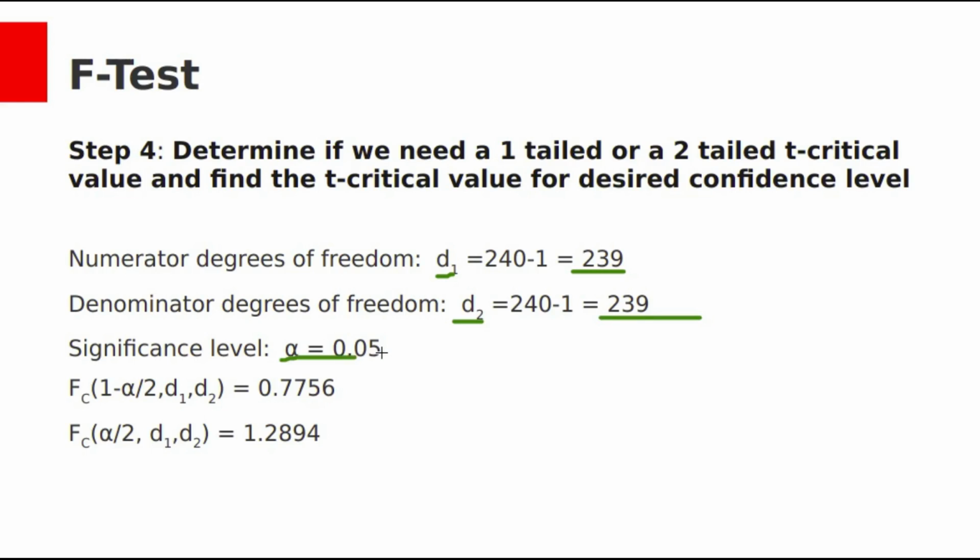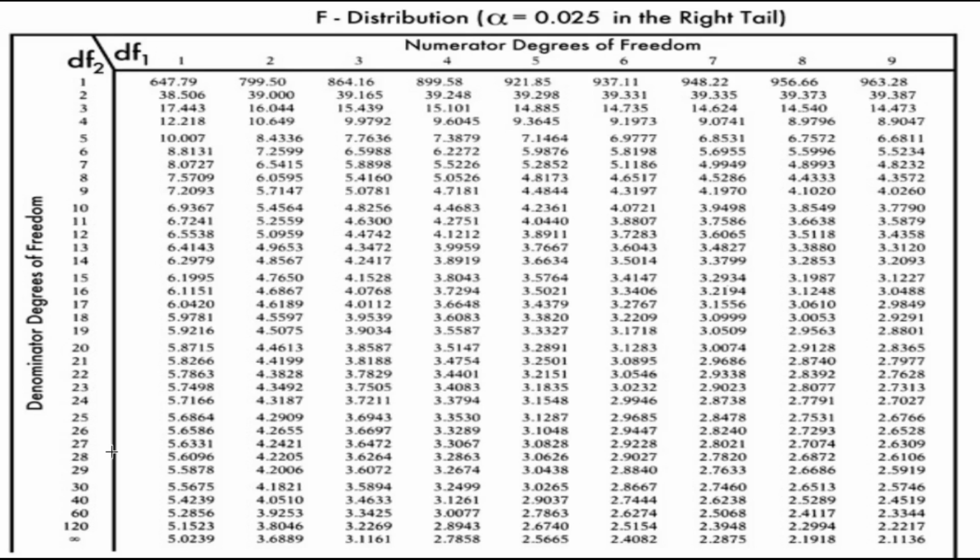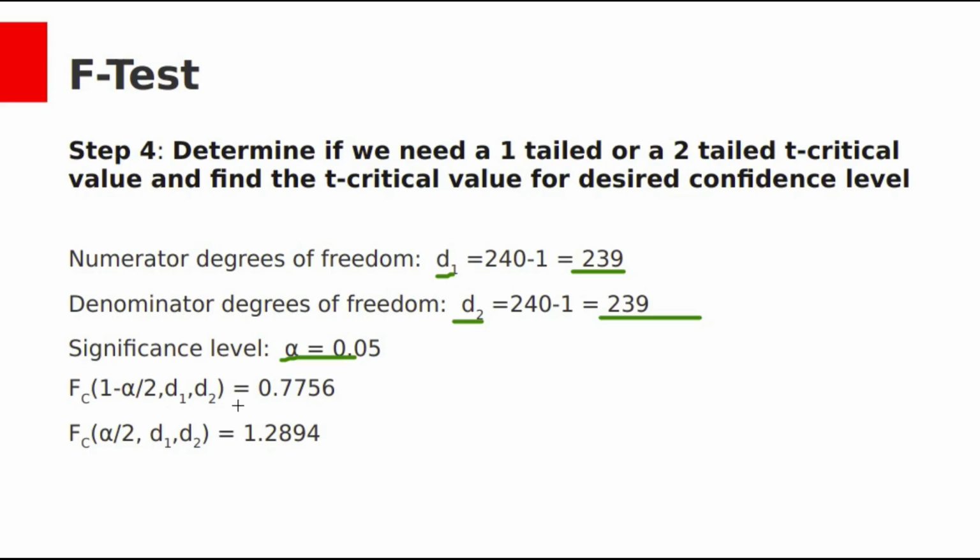We can check the critical value in the F table, but our degrees of freedom are 240 and 240. Here 240 is not there, means the degrees of freedom values are large. So if we calculate the values using any software, then the lower bound will be 0.7756 and the upper bound will be 1.2894 for these degrees of freedom 239 and 239.